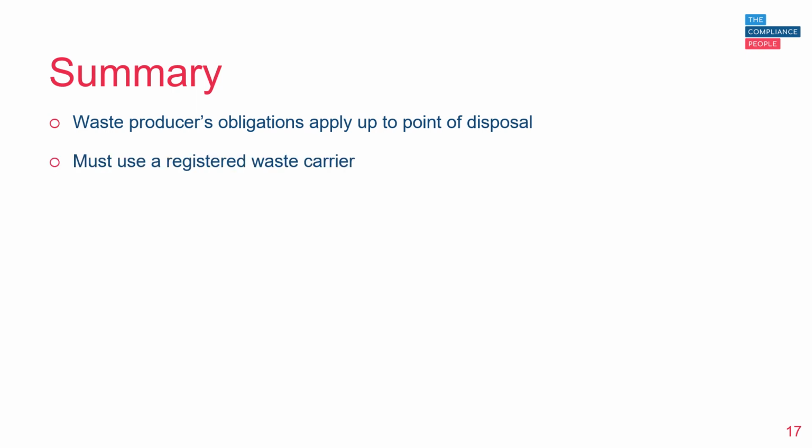In summary then, as a waste producer, your obligations apply right up to the point of disposal. You have a duty of care to make sure that your waste is disposed of correctly, and this is a legal obligation. You must use a registered waste carrier to collect waste from you. You must also check that your waste is being taken to a permitted site by them, and this again relates to your waste duty of care and making sure you comply with your legal obligations. You can check waste carriers and permitted sites on the SIPA website.